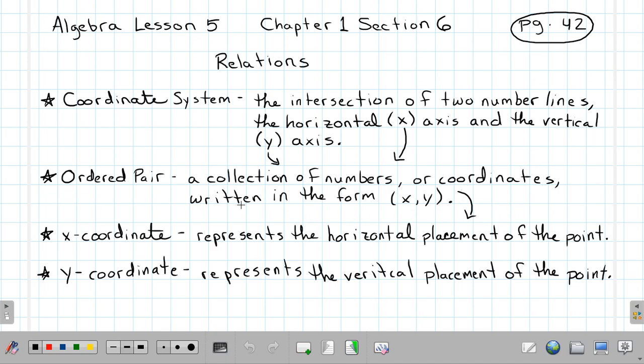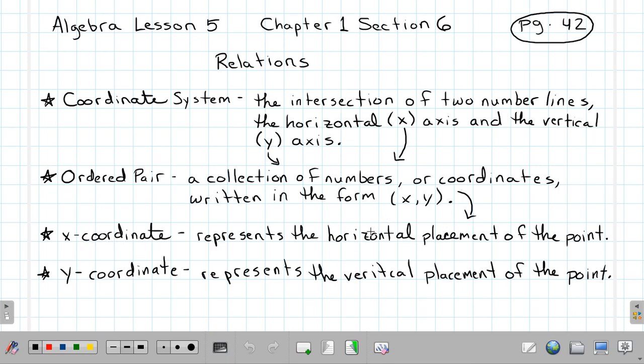Once again, that's telling us horizontally how we go. The y-coordinate is kind of the opposite. It represents the vertical placement of the point we're talking about. In that case, we're telling how far up or down we go, or in terms of an actual map, north and south.